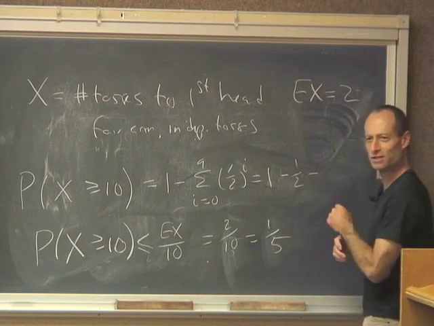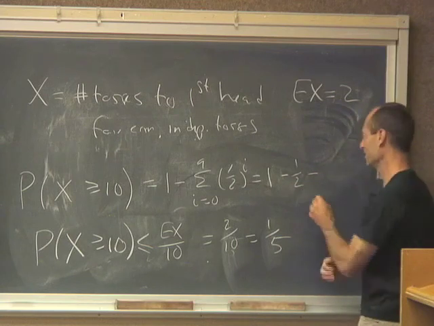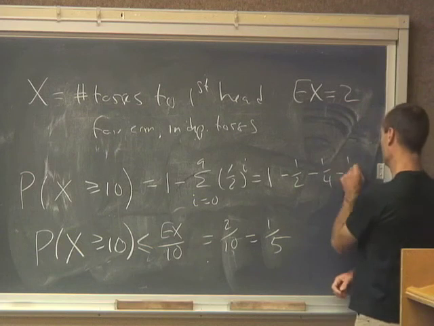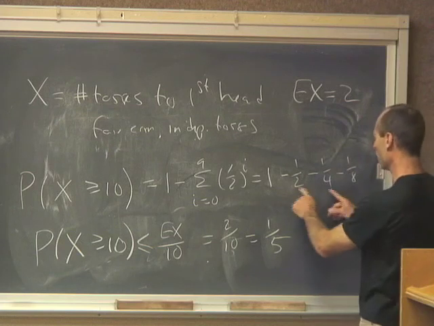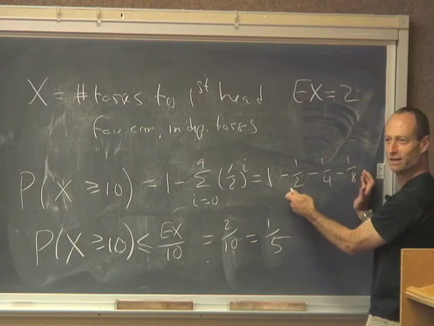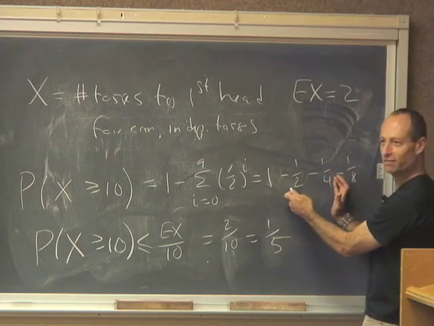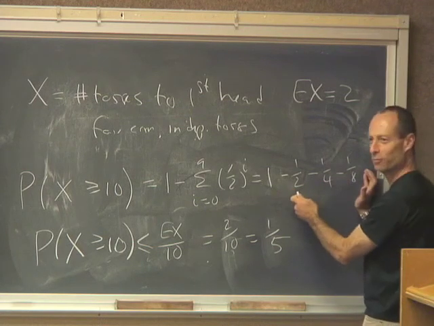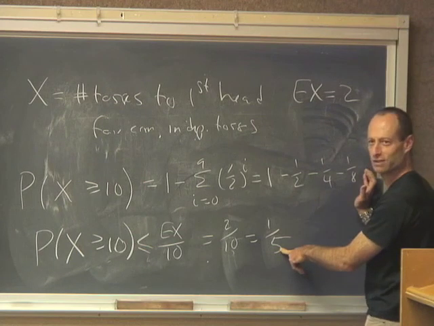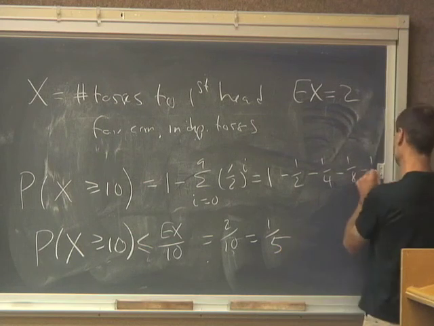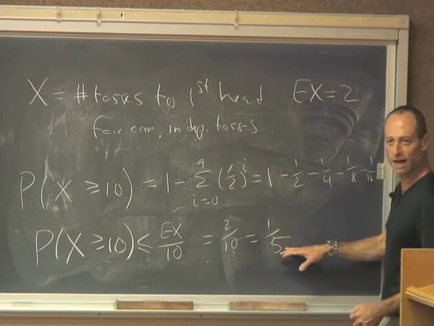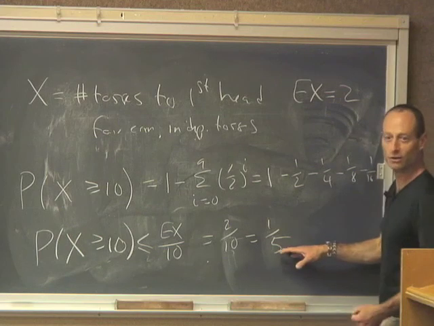Chance it takes 2 tosses is? Chance it takes 3 tosses is? Okay, this is already bigger than 0.8, right? This is 0.75. This is 0.8. We subtract that from 1. We're already below this. We start now taking 1/16, et cetera. So this bound is not going to be that great, but it's still a bound.